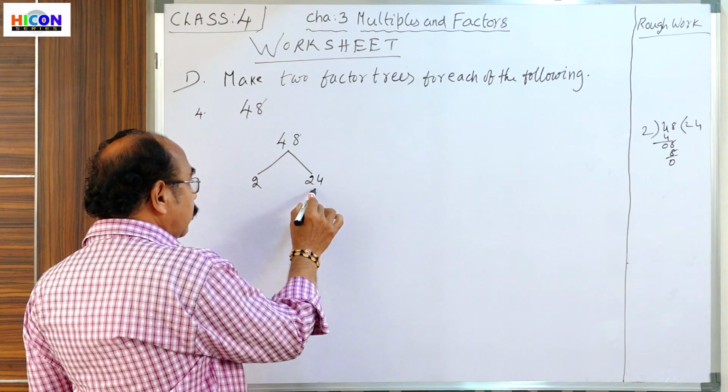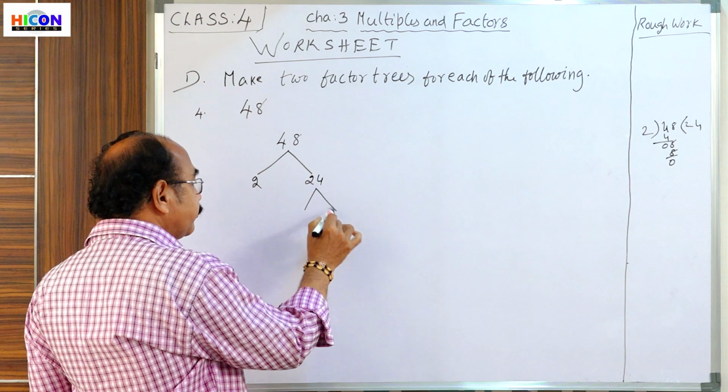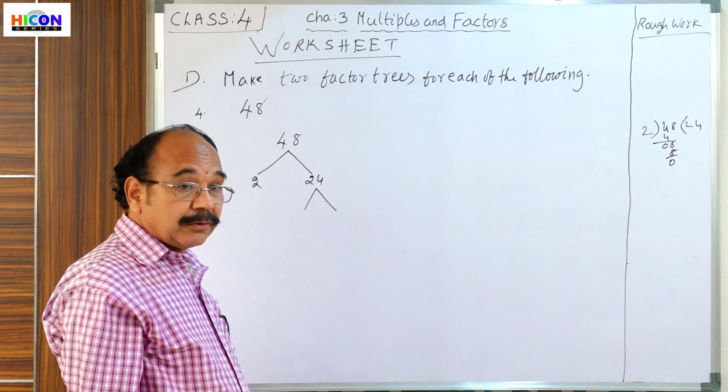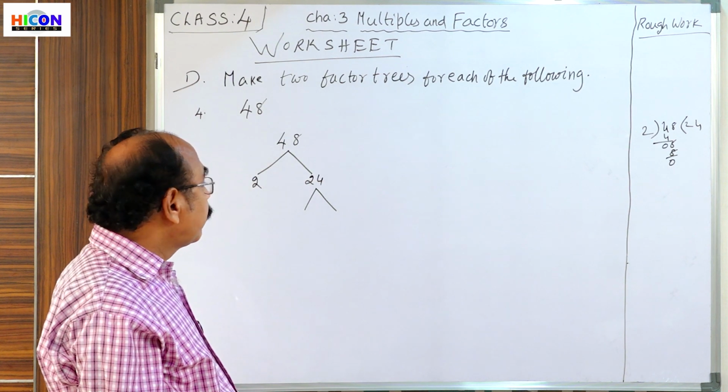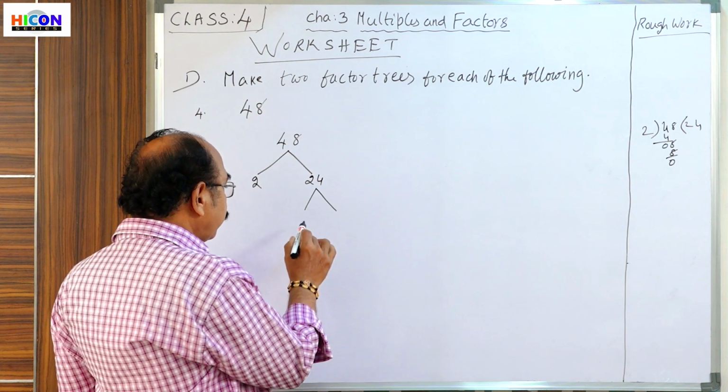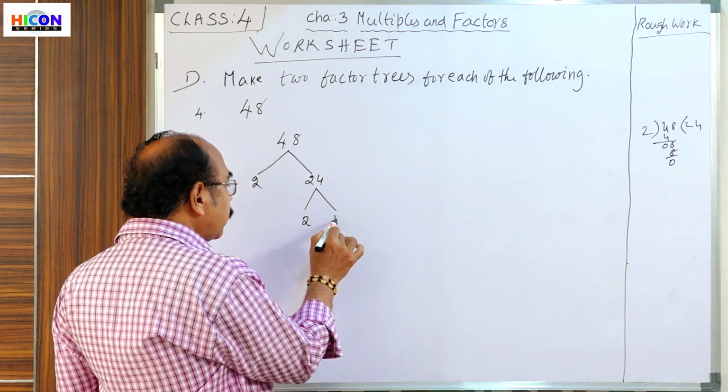So now you break 24, because 24 is the composite number. 2 12s are 24, so here you write 2 and here 12.